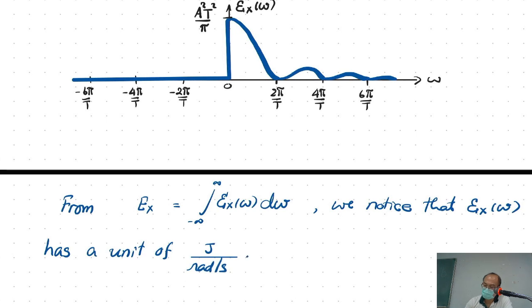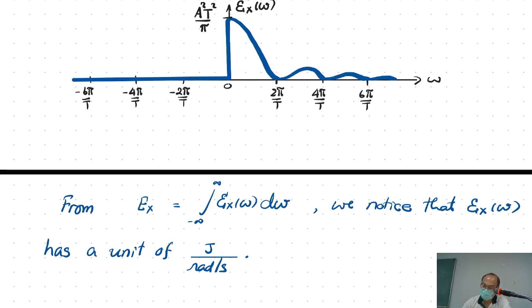So this indicates that it is actually a density of energy distributed across the frequency range. This function is actually the distribution of energy of the signal X across the entire frequency.